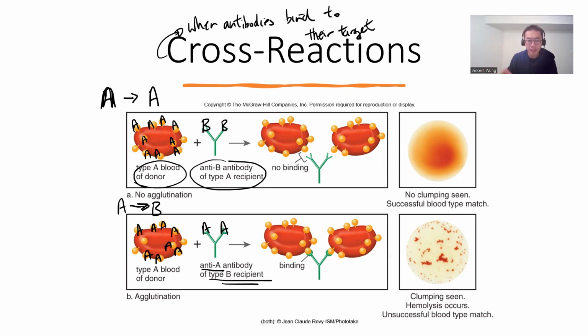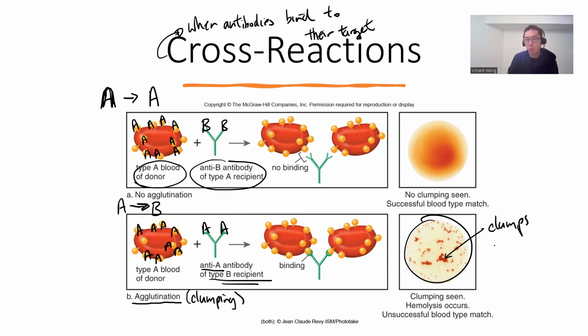Another word for clumping is agglutination. That just means clumping, things grouping together. And you can see it in the dish. All these little things here, these are clumps.